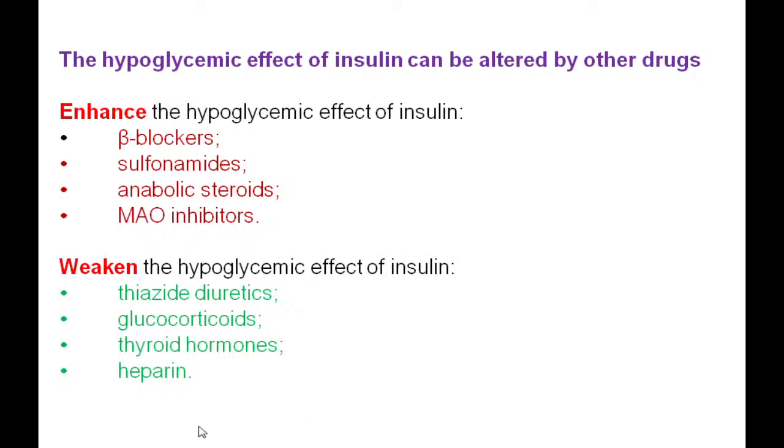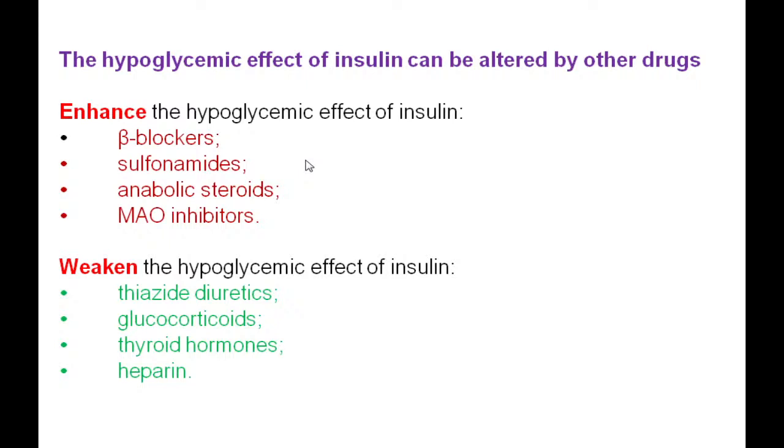So, the following drugs enhance the hypoglycemic effect of insulin: beta blockers, beta adrenergic blockers, sulfonamides, anabolic steroids, inhibitors of monoamine oxidase. These are examples.